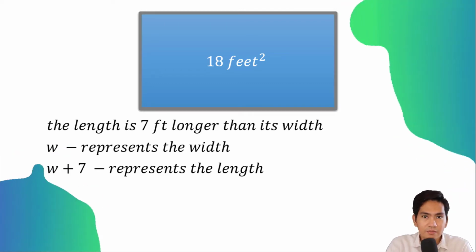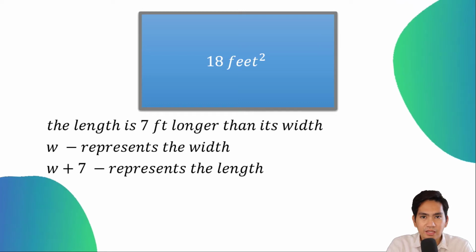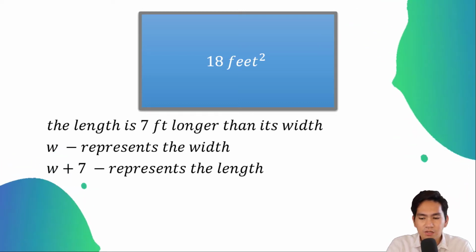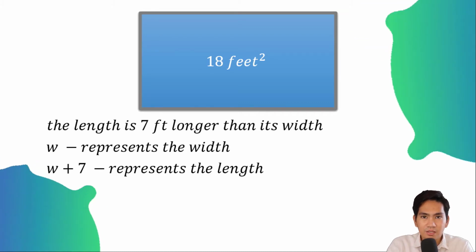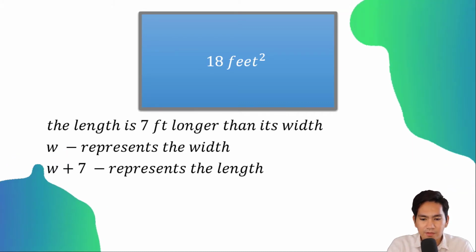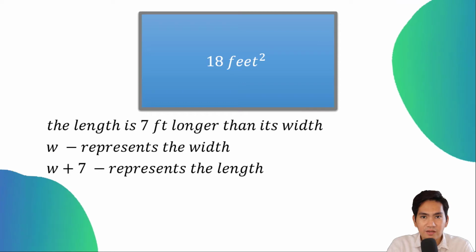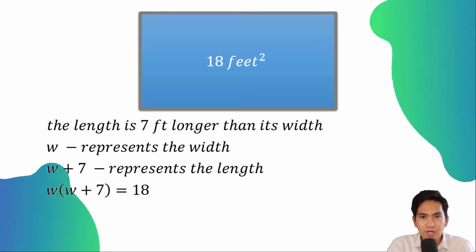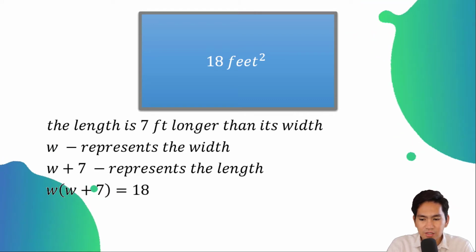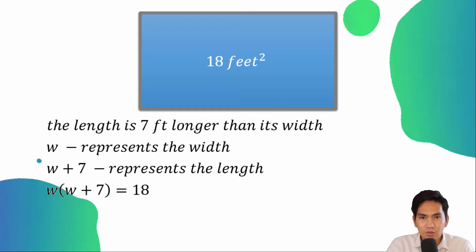And after that, remember that the area of the rectangle is length times width. So therefore, we just have to multiply W and W plus 7. And remember, we are already given the area, which is 18 square feet. So therefore, we come up with this equation. W times W plus 7 is equal to 18.